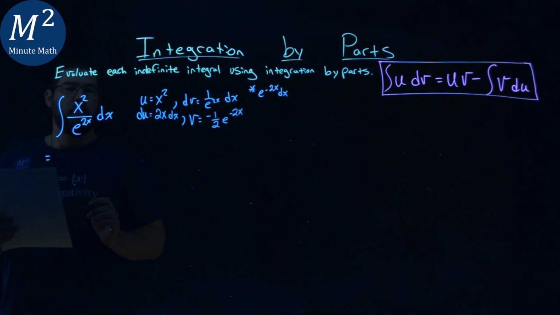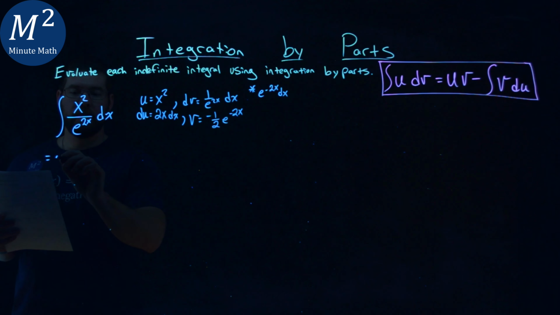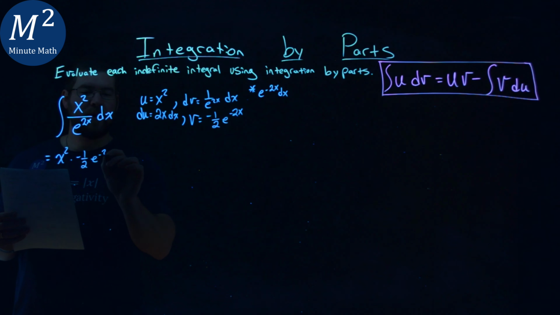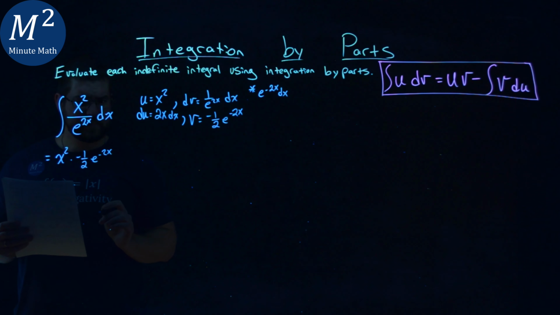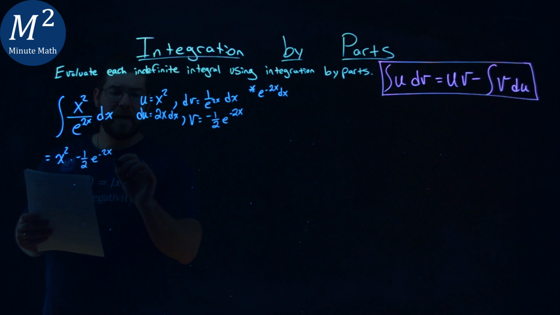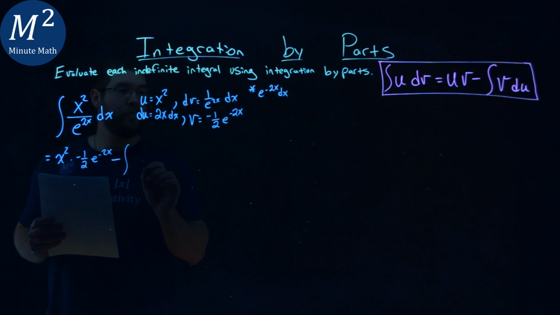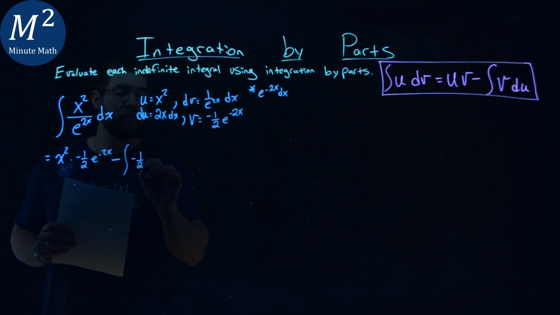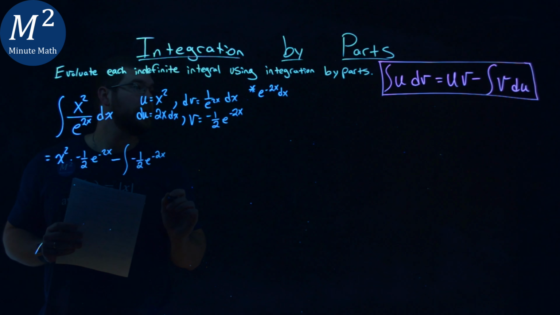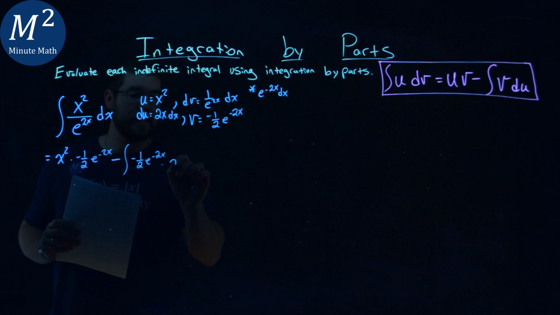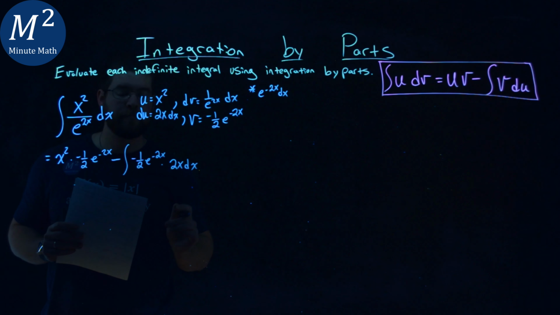So we have our u times our v value, so x squared times our v value, which is a negative 1/2 e to the negative 2x power, minus our integral of our v value, which is a negative 1/2 e to the negative 2x power, times our du value, which is a 2x dx.